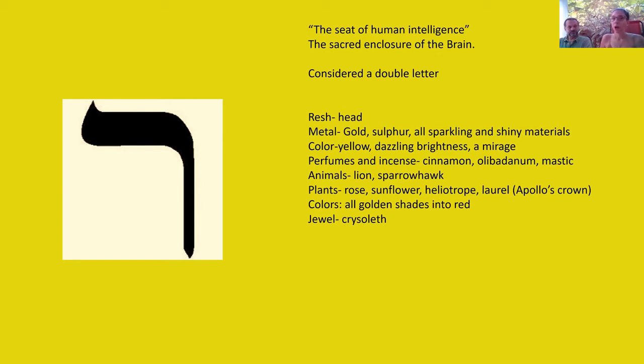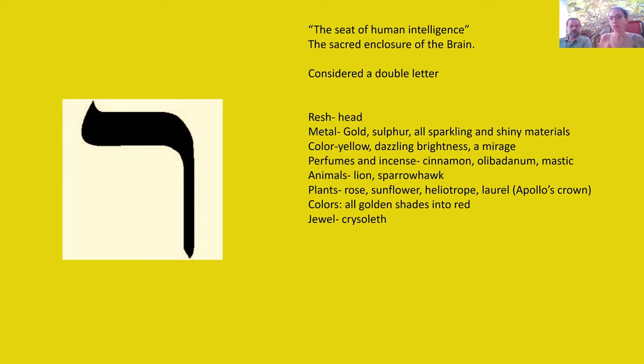And the lion and the sparrowhawk are the animals, and then the plants. So the rose. The rose is particularly symbolic because it has a lot of alchemical references to transformation and perfection and coming into fruition. The rose is considered to be the highest evolution of the plant kingdom, is my understanding.